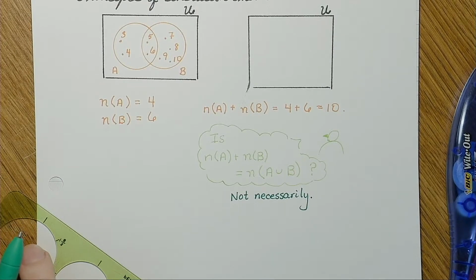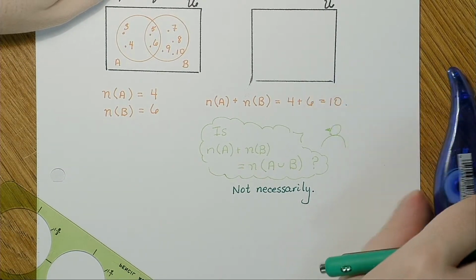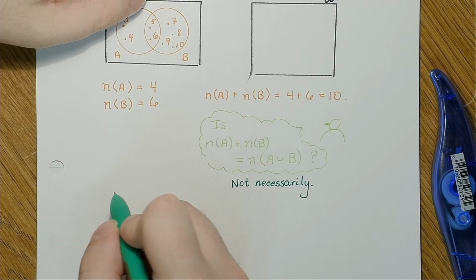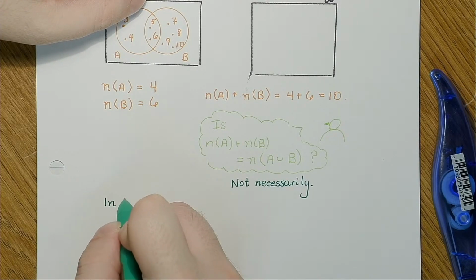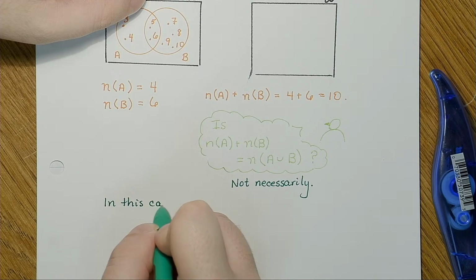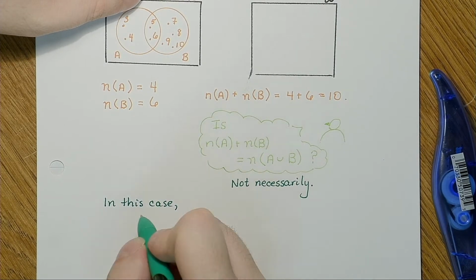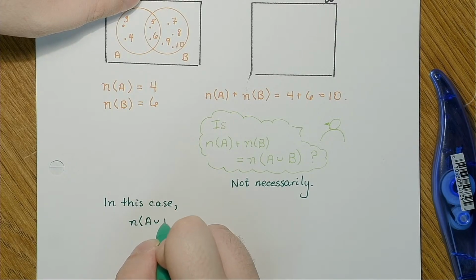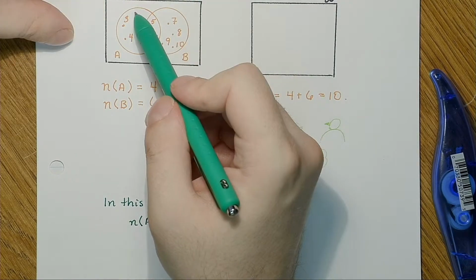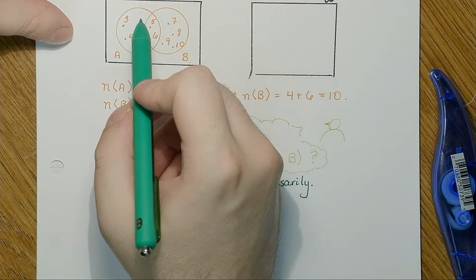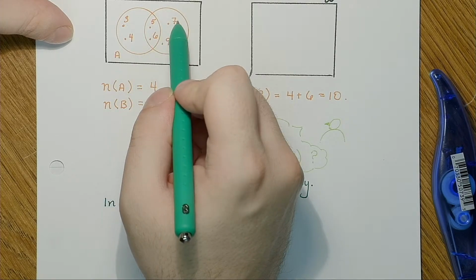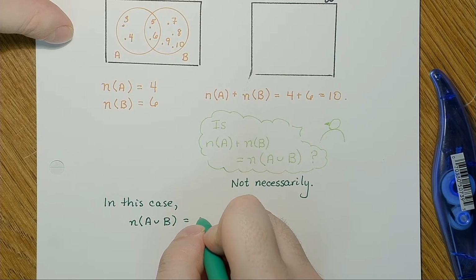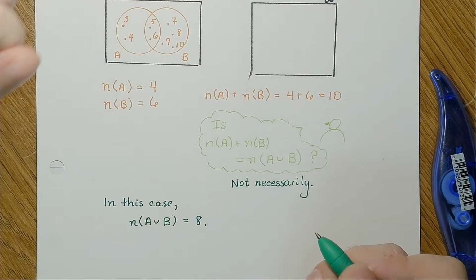Okay, so in our case, let's say we can count the number of elements in A union B, which is this shaded region in here. So there's 1, 2, 3, 4, 5, 6, 7, 8.